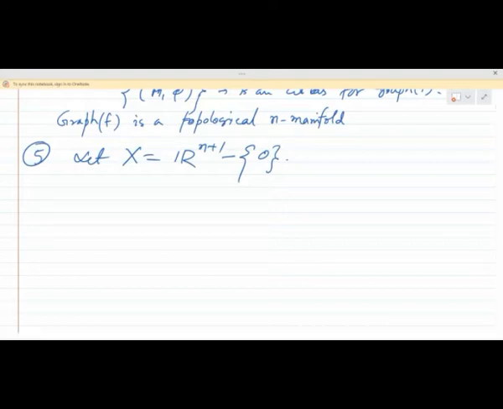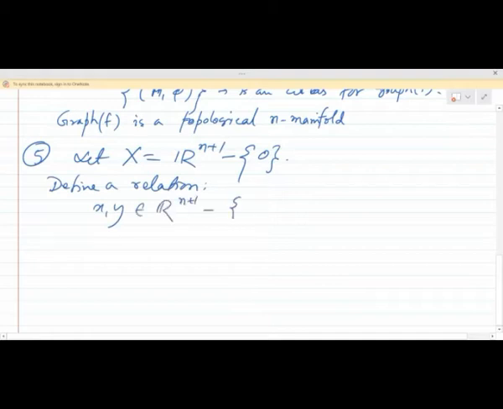Then we define a relation on this punctured Euclidean space Rn plus 1. What is the definition? Suppose you take two vectors x and y, two points in Rn plus 1 minus 0.